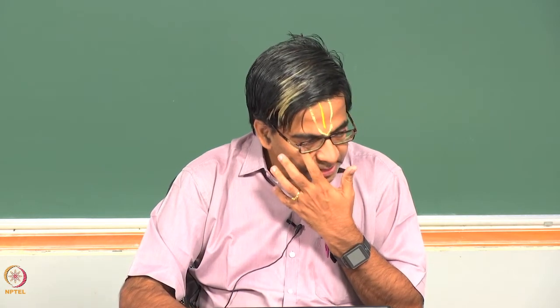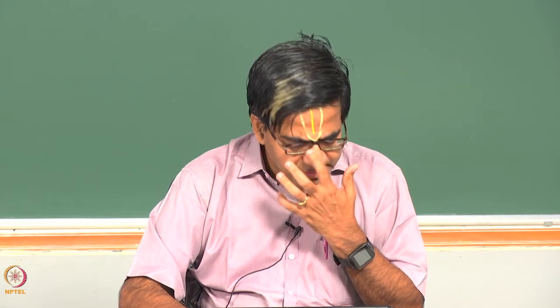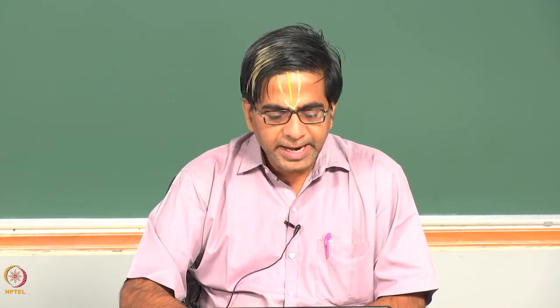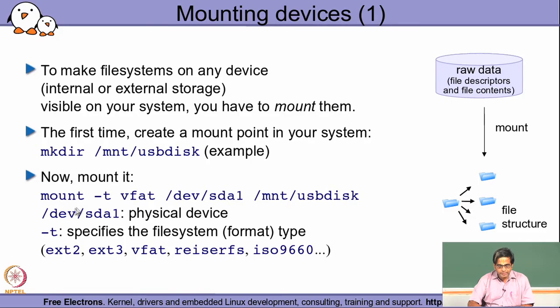So, once I run the mkdir command once on my system and create this mount point, I will go ahead and try to mount with the mount command. With mount I specify the -t option. The -t is the option to specify the file system format that is available on that particular disk partition that is getting mounted.